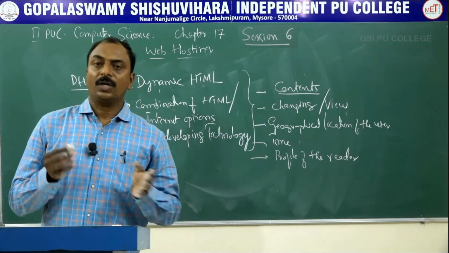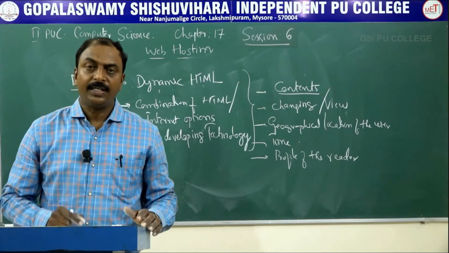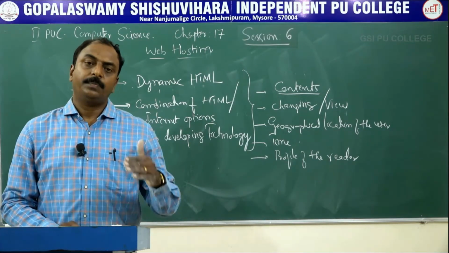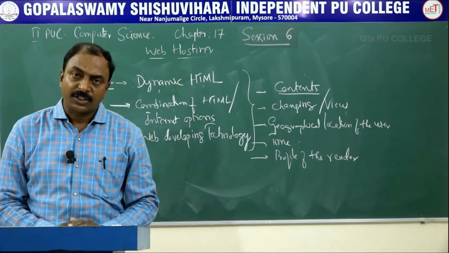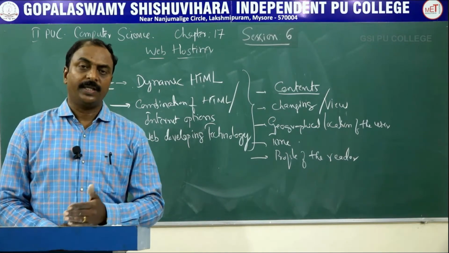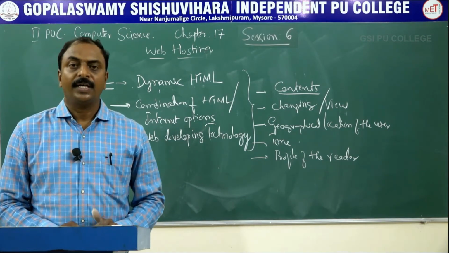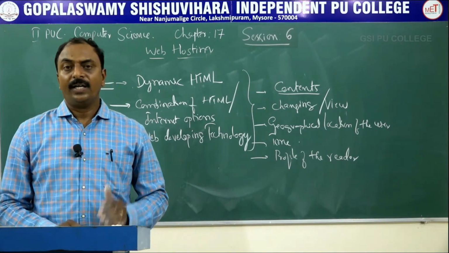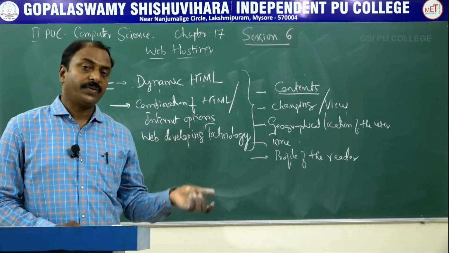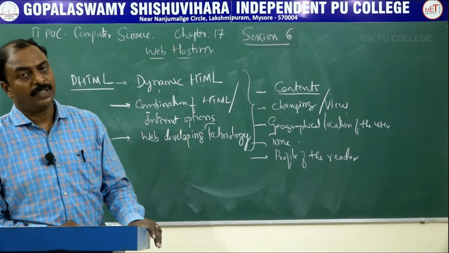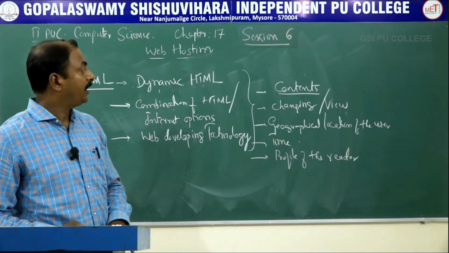Suppose one user views the website at a particular location, and another user visits the website at some other location. For both of them, the views of the website will be different. So it keeps changing. That is the meaning of a dynamic website or DHTML.